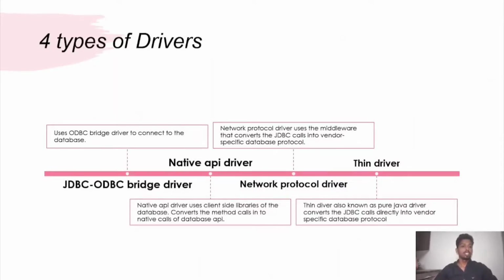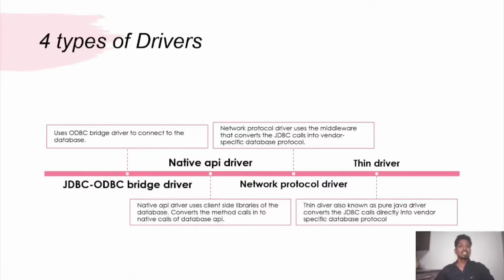Coming to the first, the JDBC ODBC bridge driver. This is the first type of driver which was introduced. In this driver, JDBC method calls are converted into ODBC method calls, and these ODBC method calls, using the ODBC driver, are converted into native API protocols.